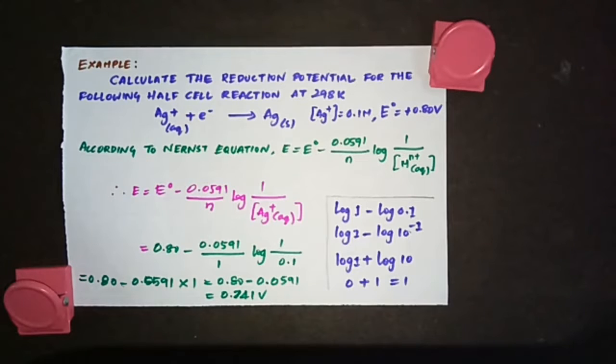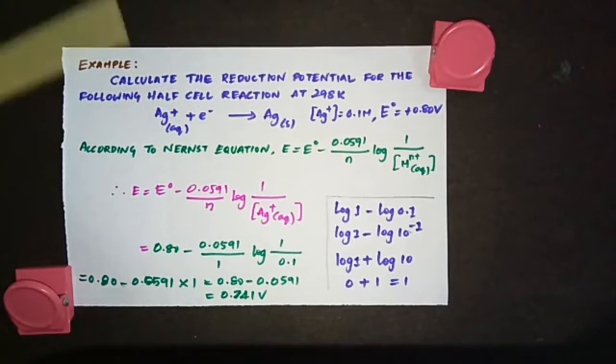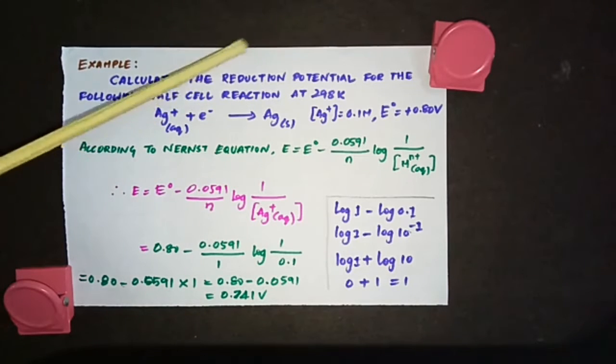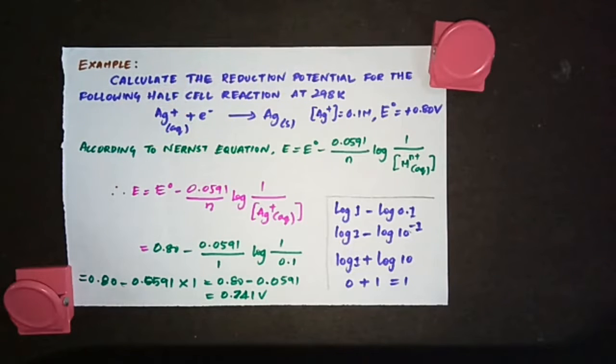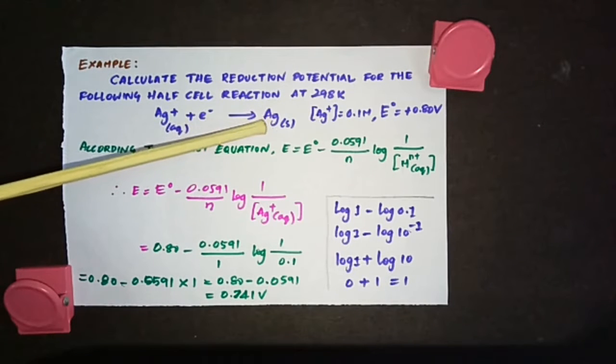Now read this question. Calculate the reduction potential for the following half cell reaction. When you're taking just the half cell, then we calculate the reduction potential. When you're taking the entire cell by combining two half cells, then we talk about the EMF of the cell. But here we are talking about the reduction potential. The given half cell is Ag plus plus electron giving you Ag.